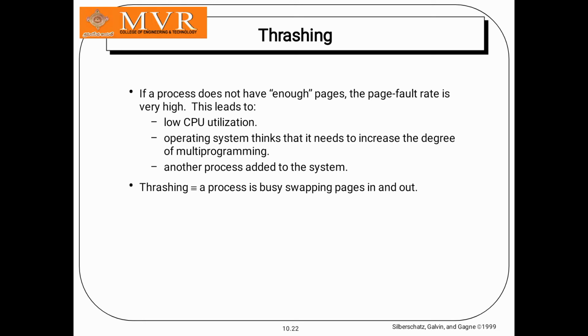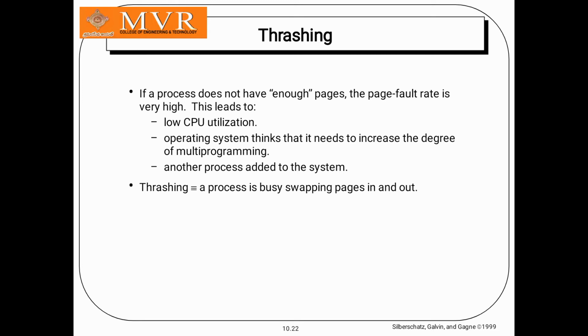So thrashing is a process busy swapping pages in and out. It mostly happens when the process does not have enough pages and the page fault rate is very high.